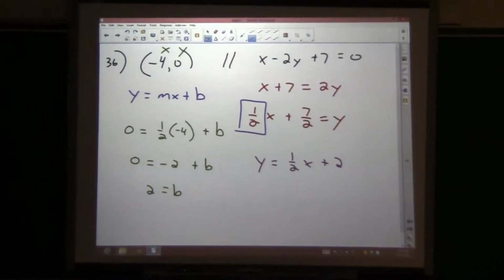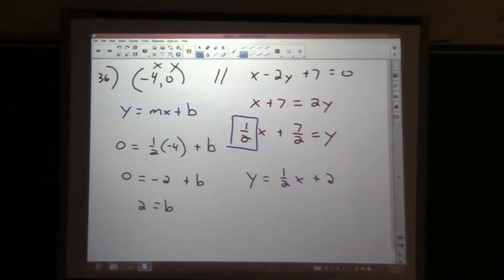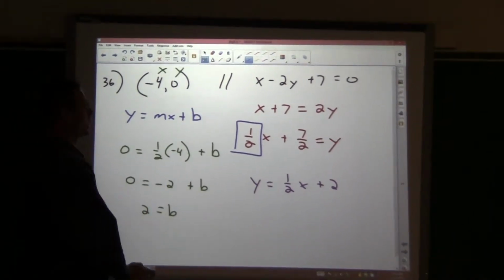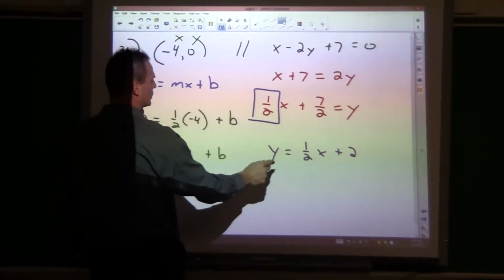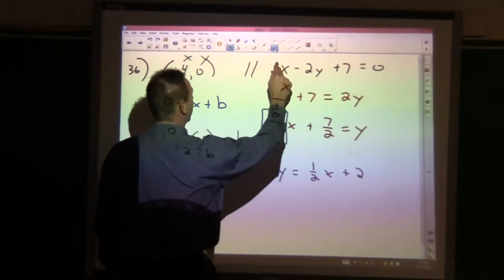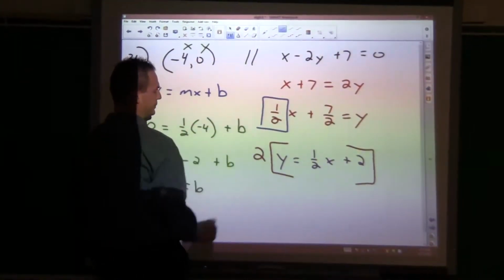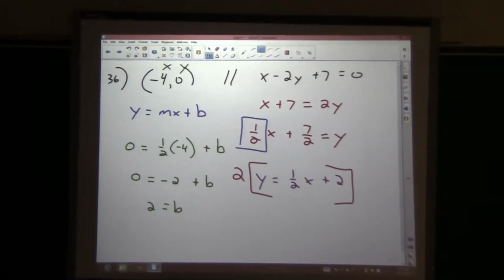Convert slope-intercept form into standard form. Standard form, I need coefficients that are all integers. So therefore, I'm going to change this by multiplying everything by 2 to get rid of that denominator of 2.